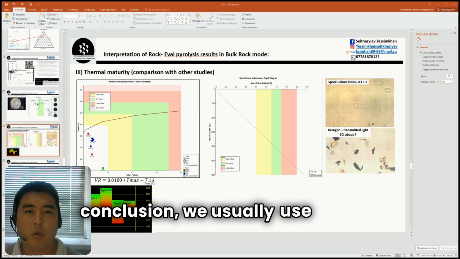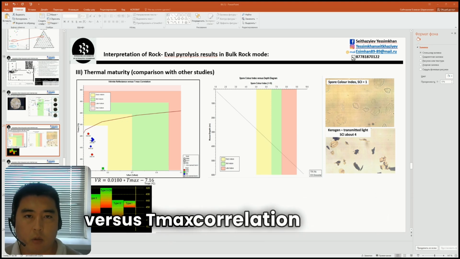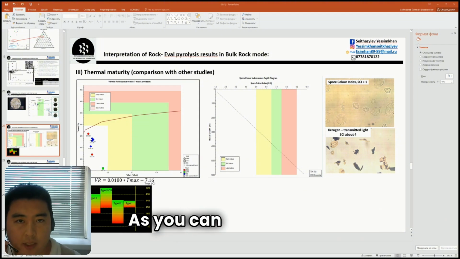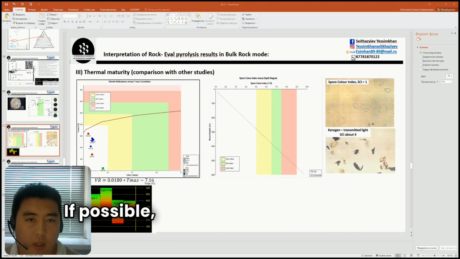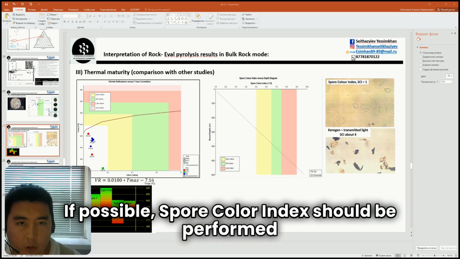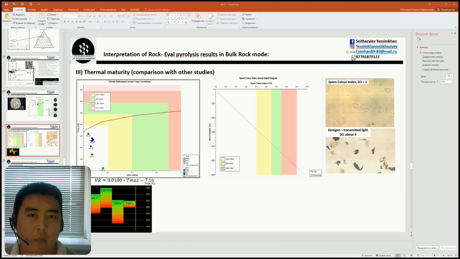We usually use the vitrinite reflectance versus Tmax correlation diagram. As you can see, both samples are immature in this diagram. If possible, spore color index should be performed as well to compare with the first diagram.